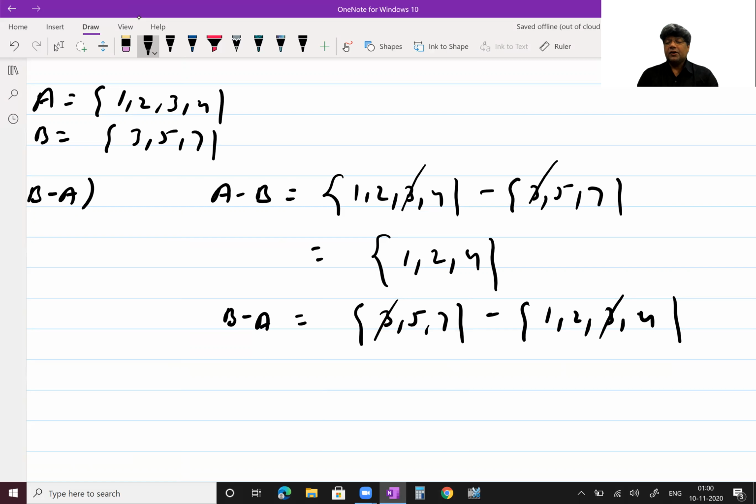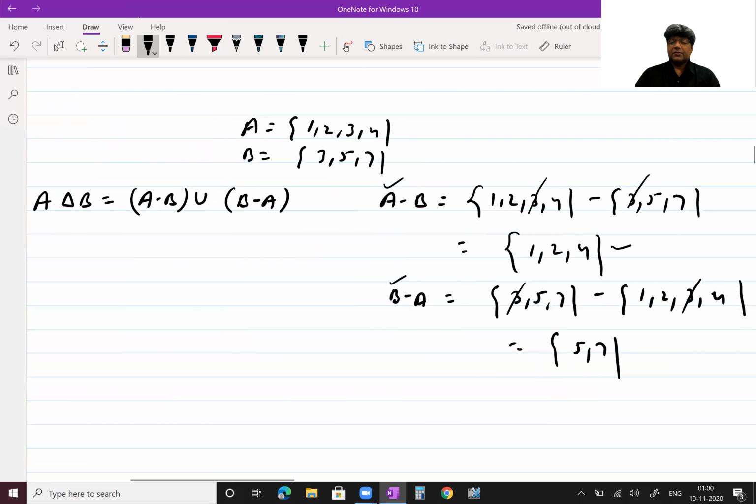But again, remaining elements of which set? The first one. Here your first one is B. So remaining elements of B only will come. That is 5, 7 will come.